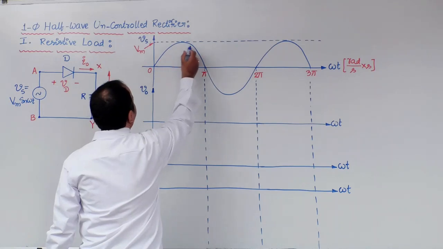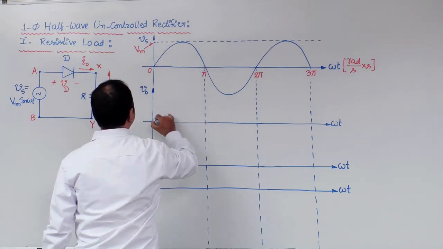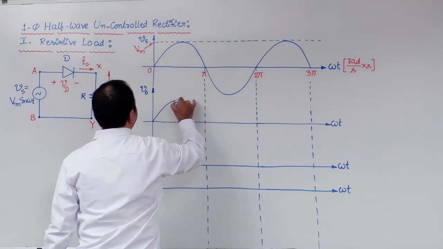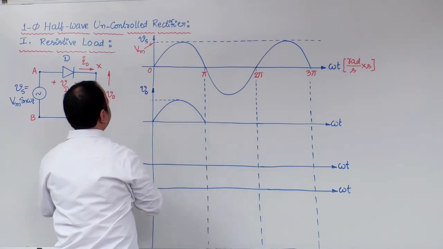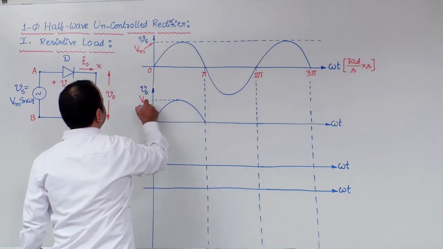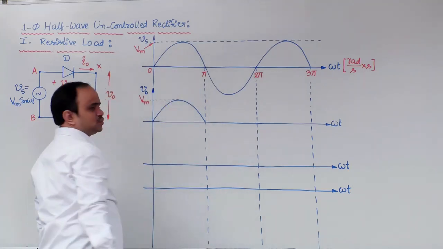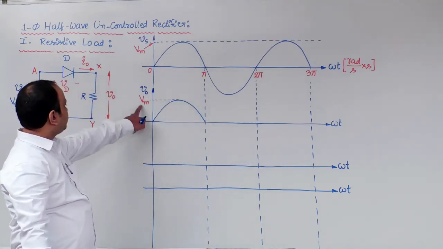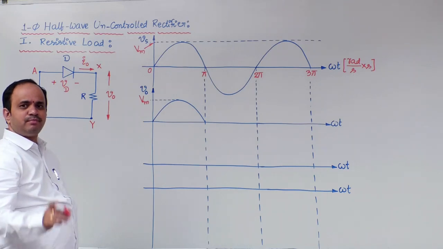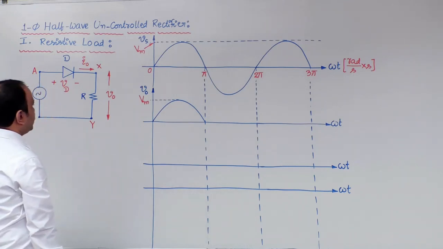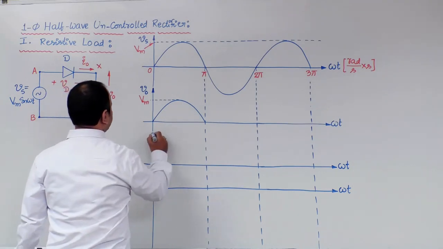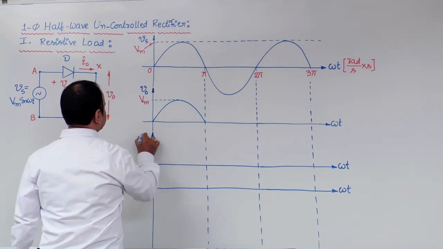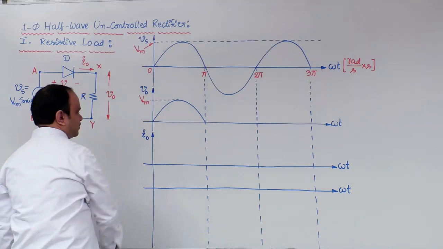Therefore, the entire positive half cycle of source voltage will appear across the load side, and hence the peak value of source voltage and the peak value of output voltage waveform are both the same. Next, in order to draw the output current waveform, this is the I0 waveform.